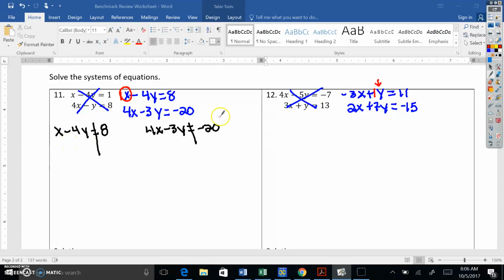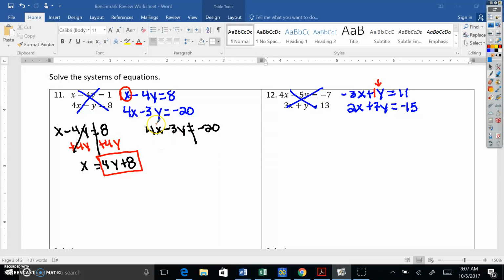So I'm going to go ahead and solve this guy for x by adding 4y. And the result is going to be x, this cancels, x equals 4y plus 8. Okay, and I'm going to go ahead and box that equation in.